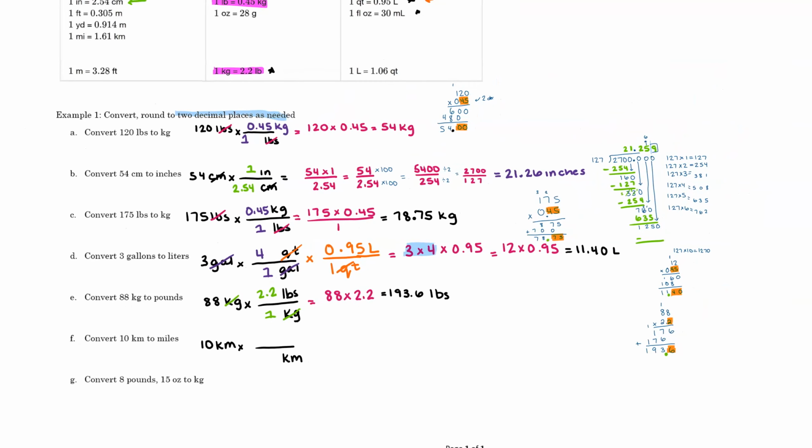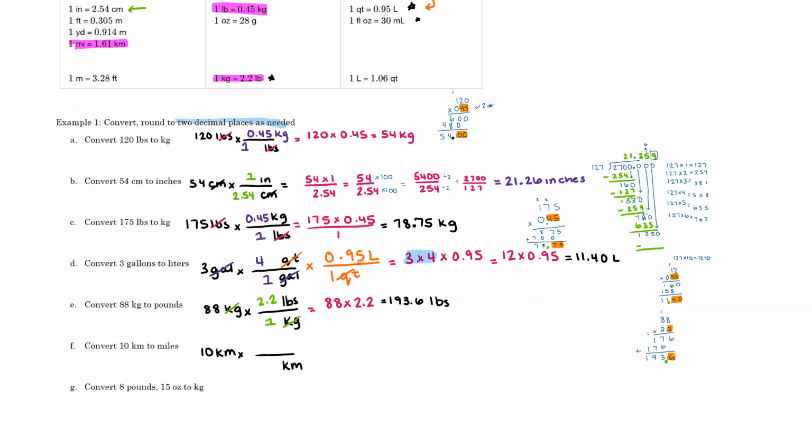Check this out. 1 mile is 1.61 kilometers.